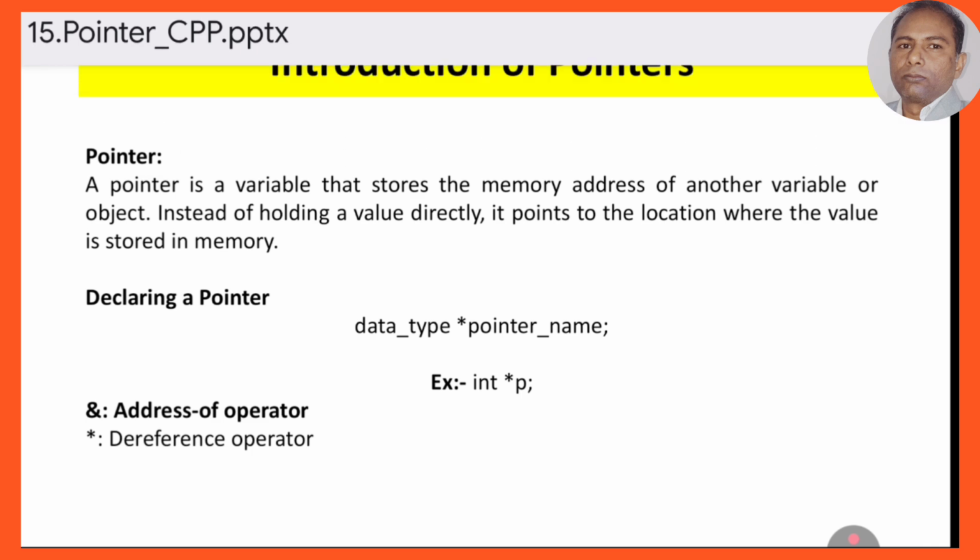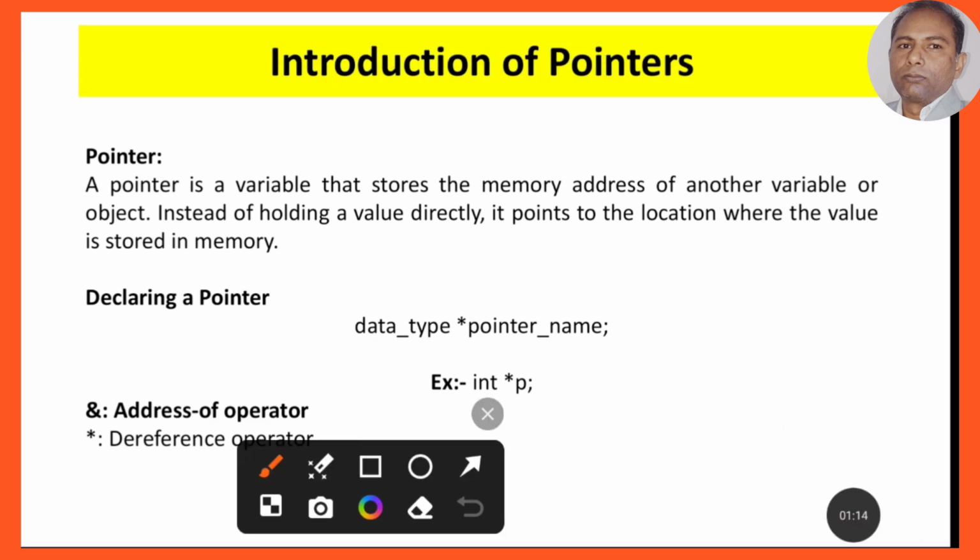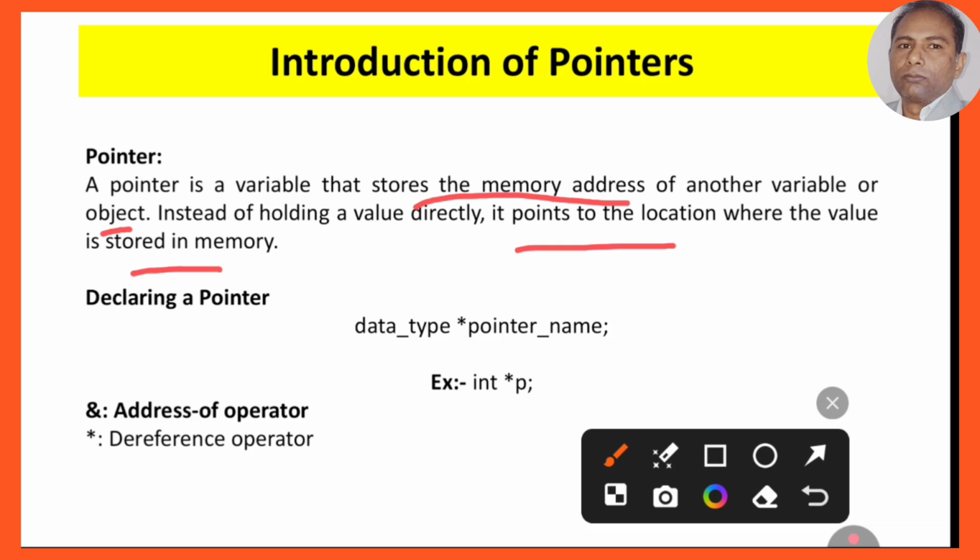Now, a pointer is a variable that stores the memory address of another variable. It means it holds the location or address of another variable or object. Now, what is the syntax of the pointer?